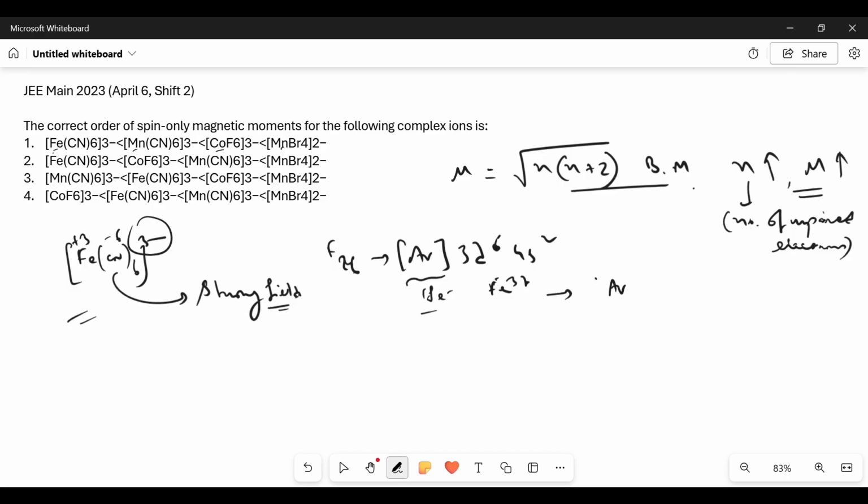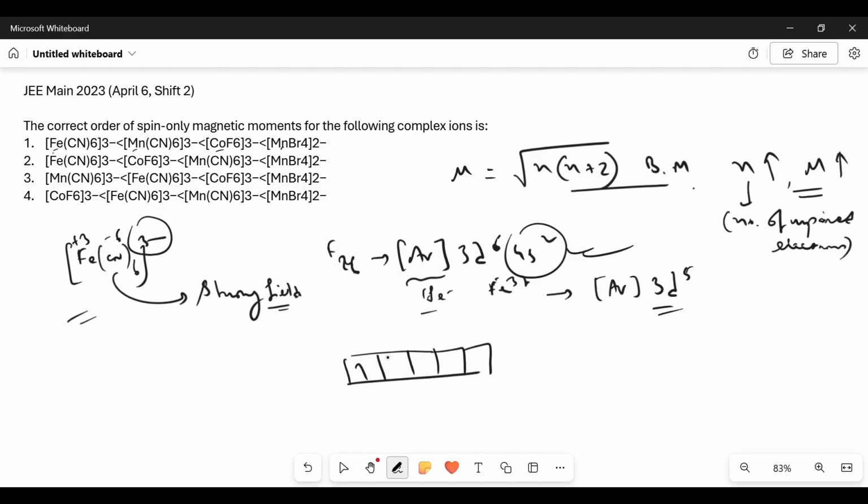So iron is in plus 3 oxidation state, Fe3 plus. Fe3 plus means you have to remove electrons from the outermost shell. From 4s, 2 electrons will be removed and 1 electron from 3d. So 3d5 is here. Now in case of strong field, according to VBT, you know there are 5 d orbitals. So 1, 2, 3, 4, 5. According to VBT, what you have to do is pair them, because CN minus is a strong field ligand, and it will form an inner d orbital complex, that we already discussed in last classes.